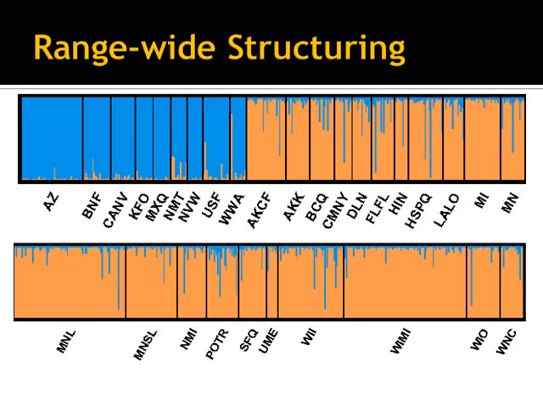So this is the result of our first analysis. We ran all 30 of our populations, and we tested 1 through 10 clusters. And using that statistical method I just mentioned, Structure identified 2 clusters on the landscape as the most likely number of clusters. And those are represented here by the 2 colors.